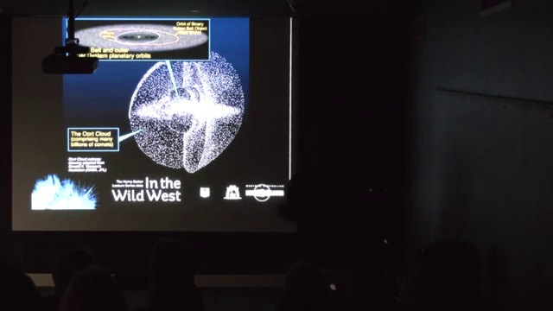Dark icy bodies, cometary bodies, sometimes they come into the inner solar system. And then there's this massive shell of dark icy bodies, comets, billions of them, that stretch out from the solar system to about a third of the way to the next nearest star. And that's been given the name the Oort Cloud. It's named after an astronomer, Jan Oort, and as I said, it contains billions of comets.